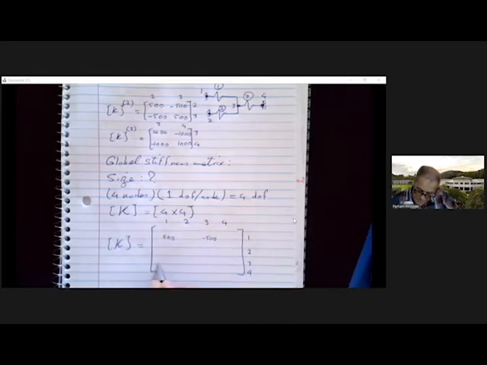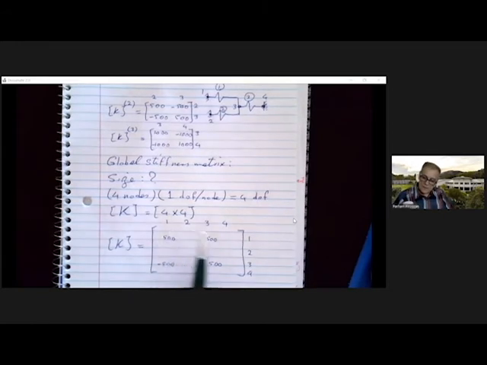This is node 3, negative 500 and 500. This is for element 1, and it sits right here in the global stiffness matrix. All right, clear? This is the address. That's what we wanted, 1 and 3. So we know the address here.